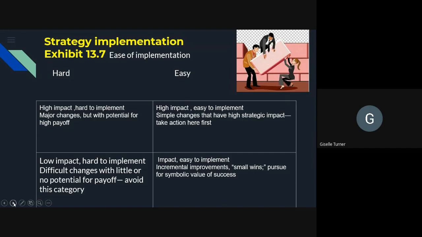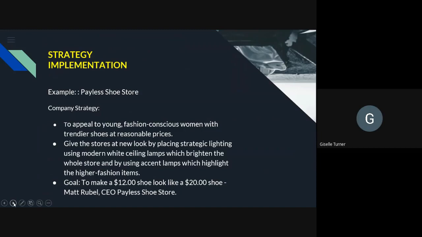So you're looking at small wins. Sometimes they say you win the battle and may end up losing the war. Small wins, and you pursue it for symbolic value of success. So it may not necessarily be a high payoff. Next slide, please. I would be sending you over to Consuelo to consolidate the presentation.